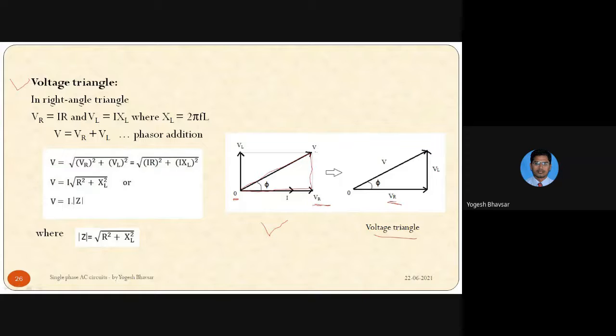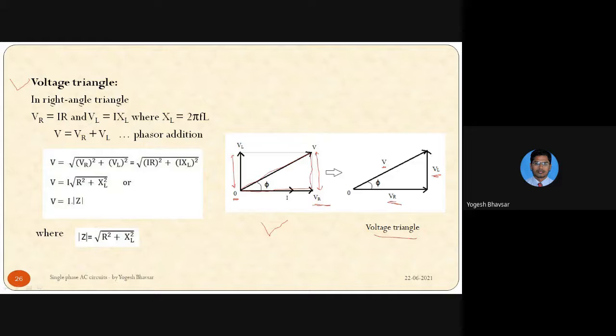Then this front side, what is this value? See, as this becomes a rectangle, this side is equal to VL. Both sides will be equal. So this side will represent the adjacent side VL, the voltage across the inductor. And the hypotenuse is nothing but the resultant of these two phasors.